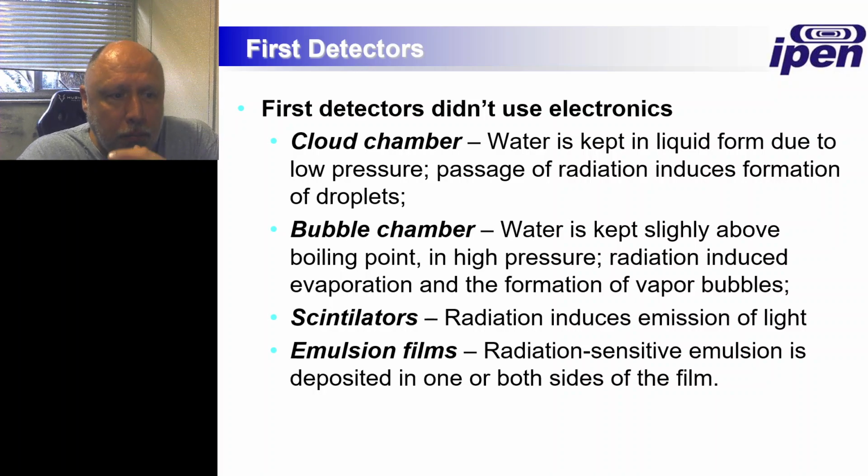Then we have scintillators, which are essentially materials in which the passage of radiation produces light, visible light. And finally, we have emulsion films, right? We all know about it.